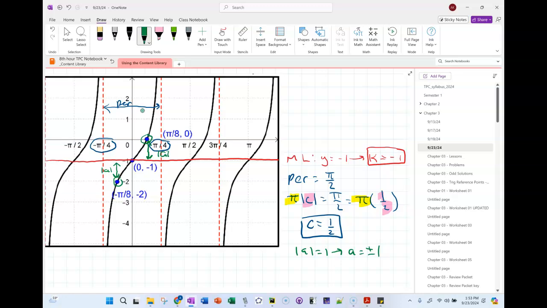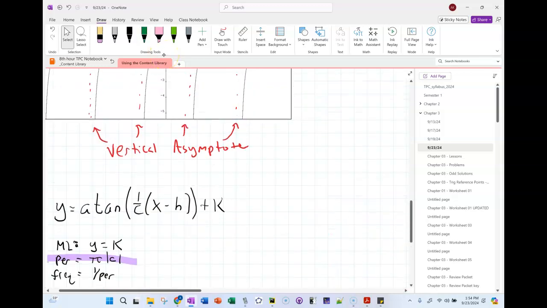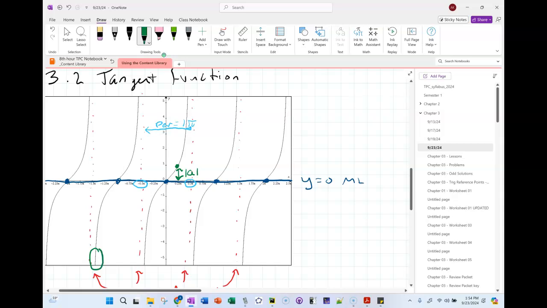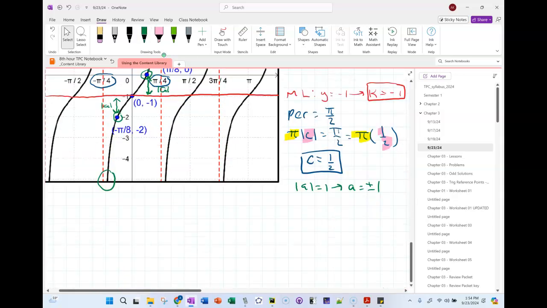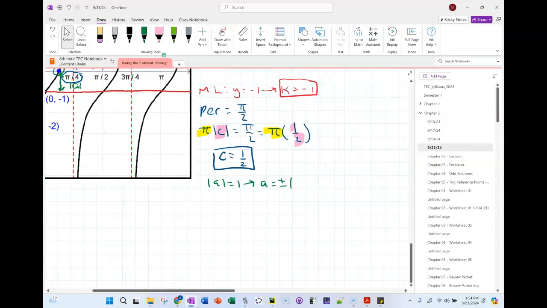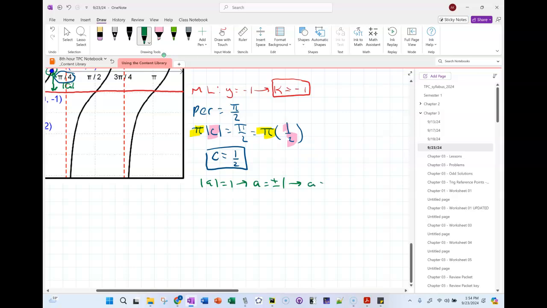Because my graph is going from low to high, that's the same thing that regular tangent does, as it goes from low to high, as I read from left to right. That tells me the A is positive. So low to high is positive. Guess what high to low is going to be then? Negative. And again, you're always reading from left to right when I say low to high or high to low.